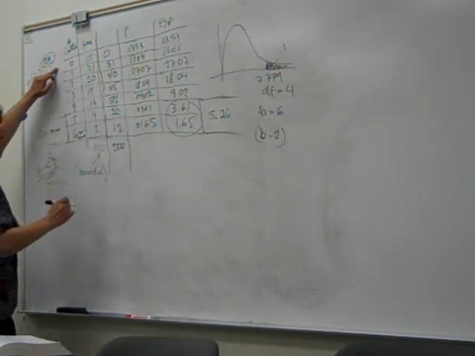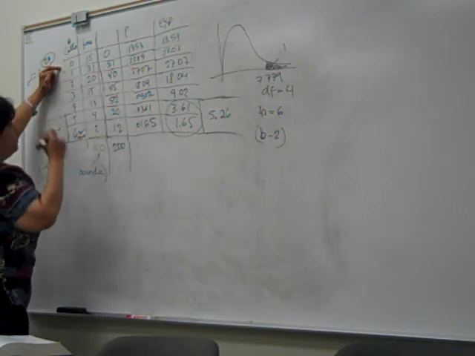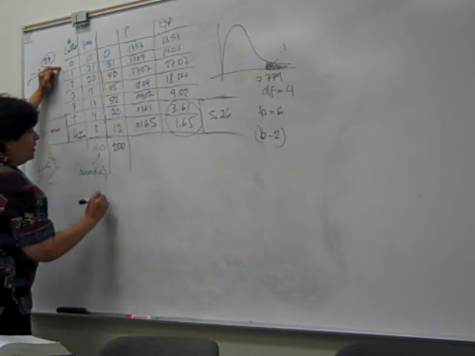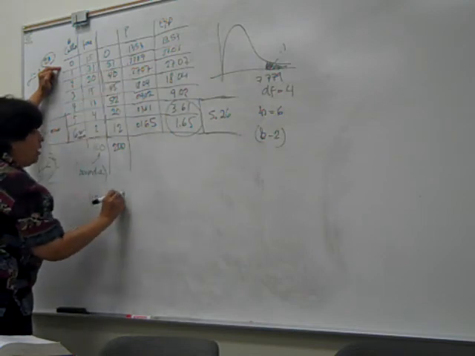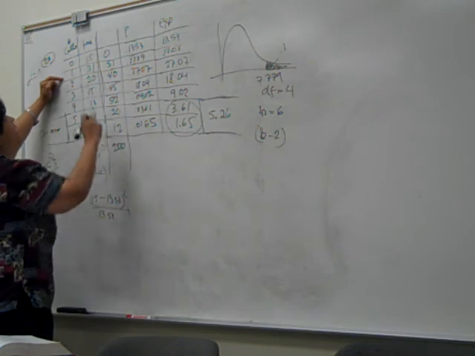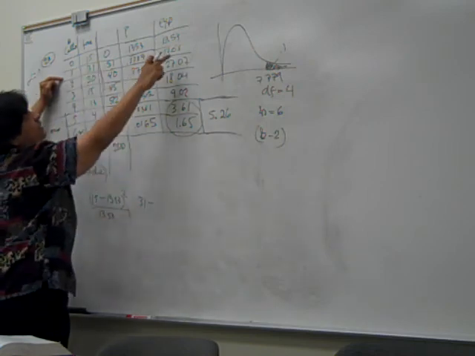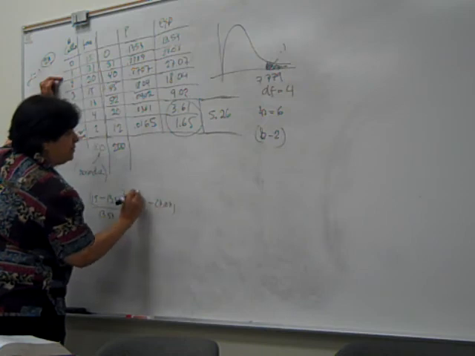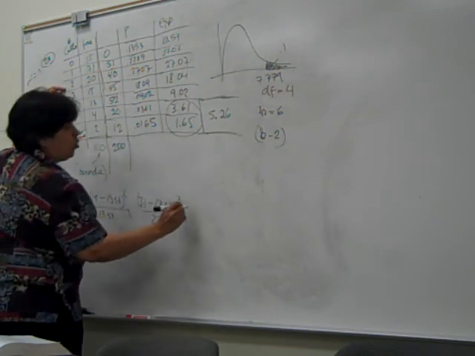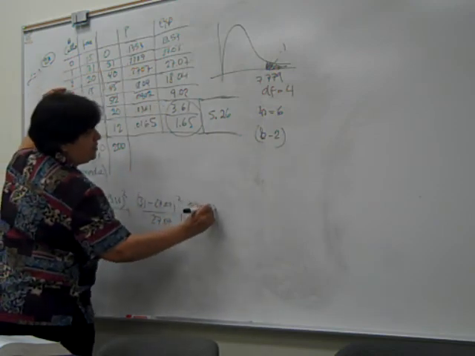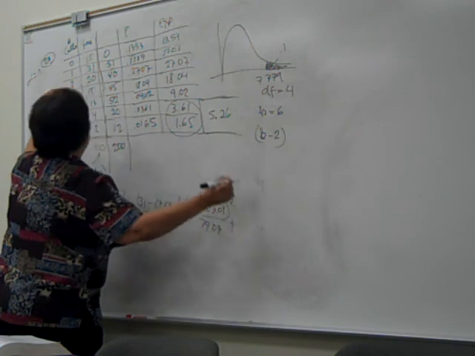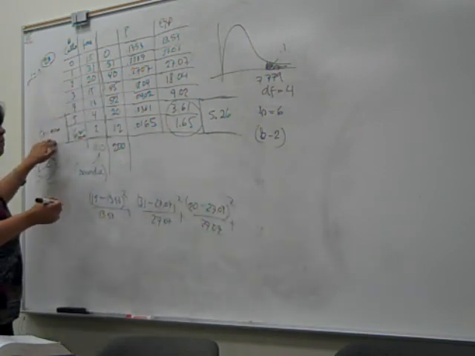The frequency for the number of calls equal to 0 is 15 minus the expected 13.53, squared, divided by 13.53, plus the next category, number 1, frequency 31 minus 27.07 squared divided by 27.07, plus the next one, 20 minus 27.07 squared divided by 27.07, plus the following categories, 3, 4, and 5 or more.